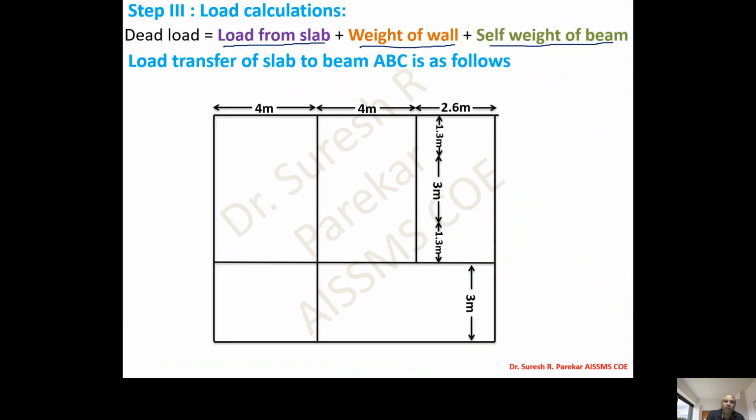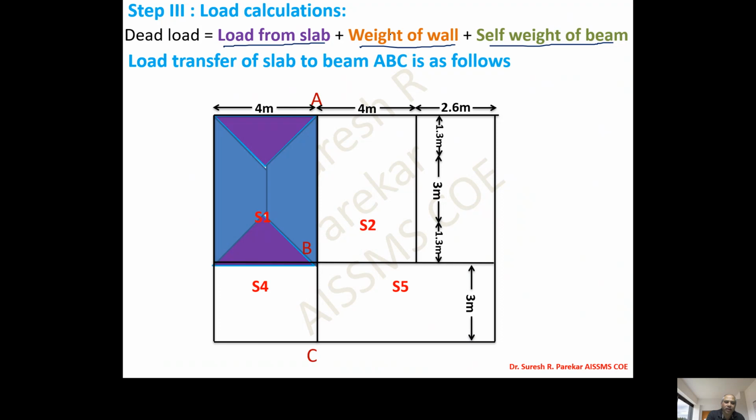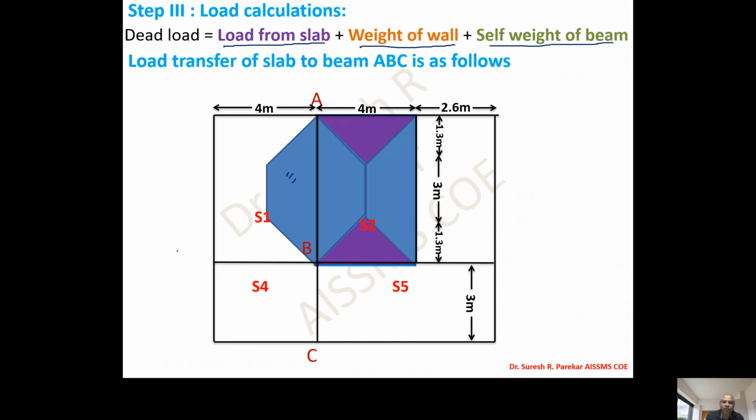Now we know the slab load distribution in this pattern. Shorter span will take triangular load, longer span will take trapezoidal load. So this trapezoidal load will come on AB from slab S1. From S2 also we are going to get this trapezoidal load on beam AB.